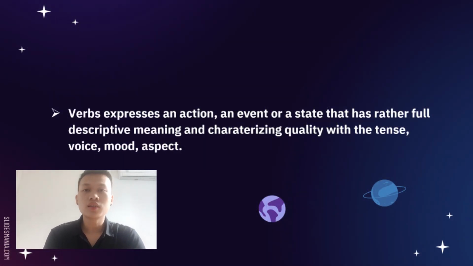So I can conclude that a verb expresses an action, an event, or a state that has rather full descriptive meaning and characterizing quality, with the tense, voice, mood, and aspect. And to help you understand more about verbs, I will show you the 4 grammatical categories of verbs.